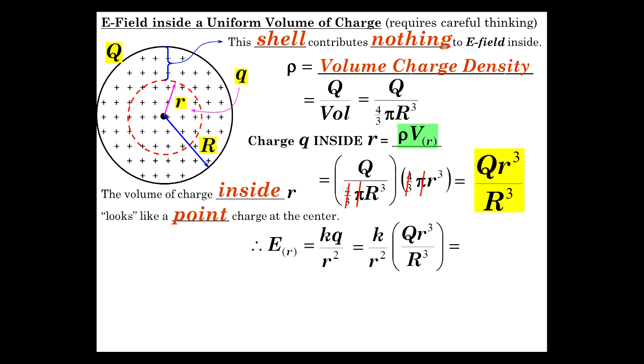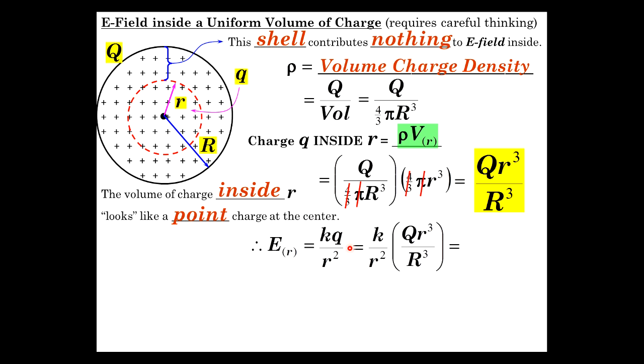Okay, enough on that. As we look at our result, E as a function of r, we notice some cancellation. But before we cancel it, let's recognize that this r cubed occurred because the amount of charge enclosed, this is the charge q inside r, is proportional to the volume, and the volume is proportional to the radius to the third power. But it's also subject to the inverse square law as we move from the center outwards.